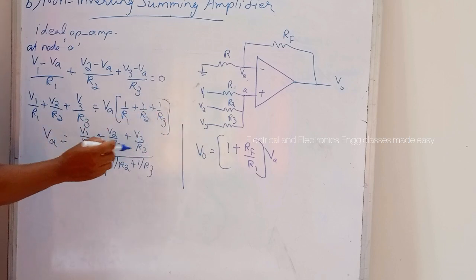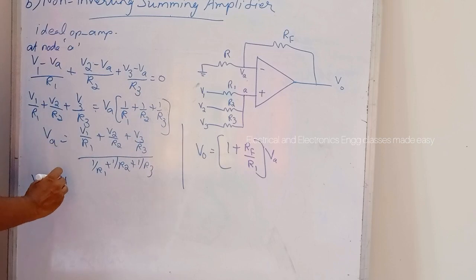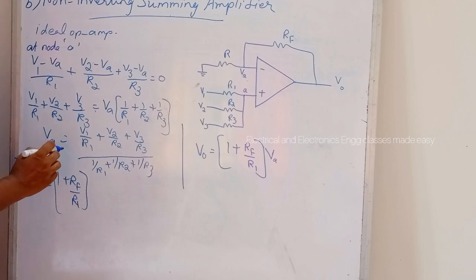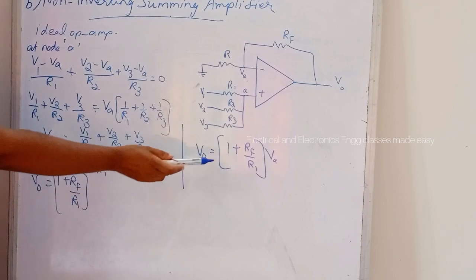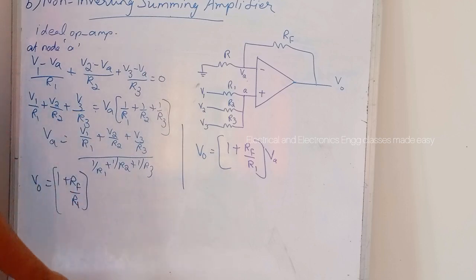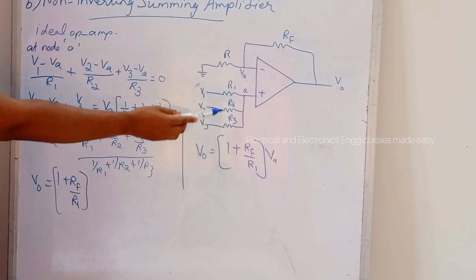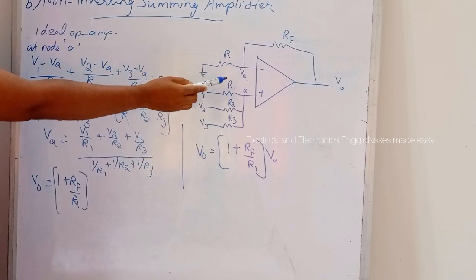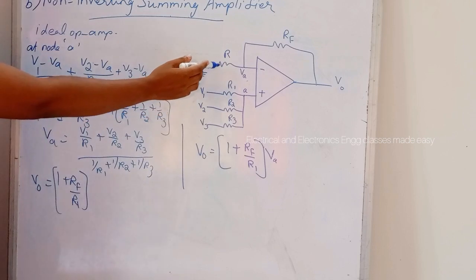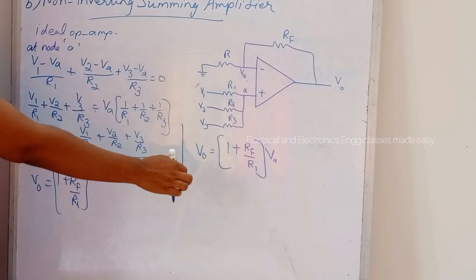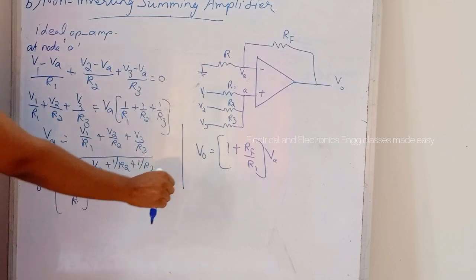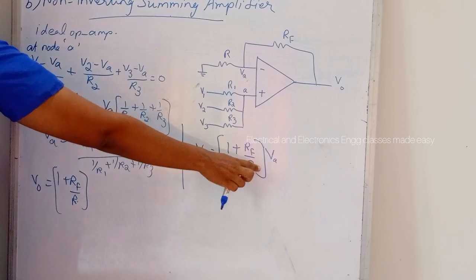And here what is R1? R1 means this resistance, the resistance at the inverting terminal. So here it will be R.